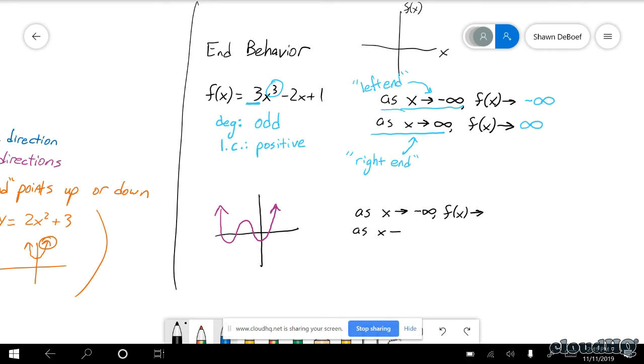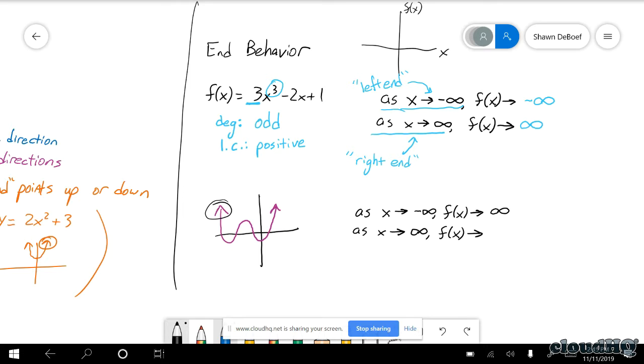And then as x approaches positive infinity, we'll think about what f of x does. They're all going to start off that way, the left end and the right end. So look at the picture. Look at your left end. Where's your arrow pointing? Is it pointing up towards positive infinity or down towards negative infinity? Well, it's pointing up. So that means the left end is heading towards positive infinity.